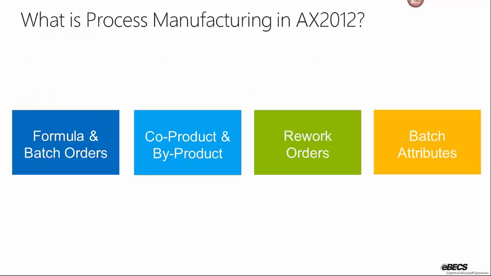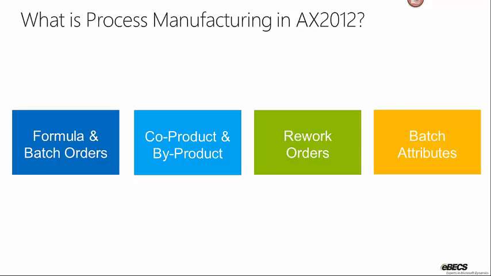So process manufacturing in AX2012, what are the key features? For process, we use a formula. We don't use a bill of material like in discrete. We use a formula and batch orders, so batch orders instead of production orders. They look very similar, but the main difference is that a formula is thought of as an ingredients list.